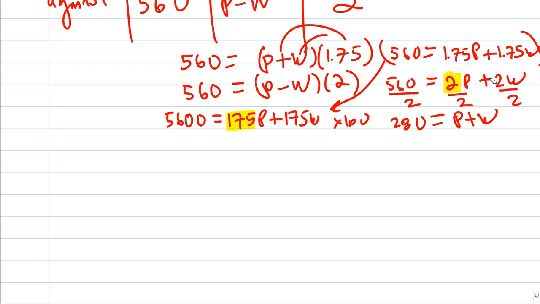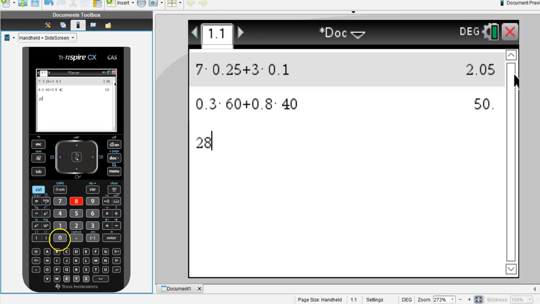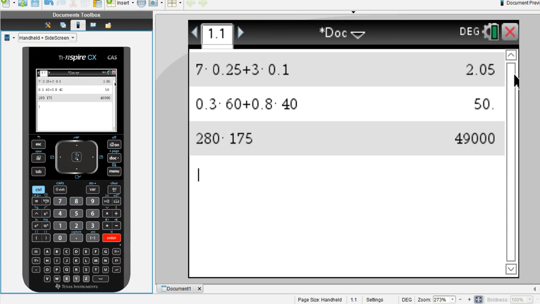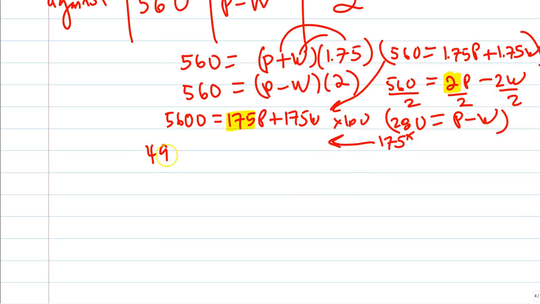Alright, so real quick, what I noticed here is that when I distributed the 2, that should have been 2P minus 2W. So this becomes P minus W. So I don't know what I was thinking there. But now when I multiply everything by 175, 280 times 175, I'm not doing it in my head, about 280 times 175, 49,000 is equal to positive 175P minus 175W.